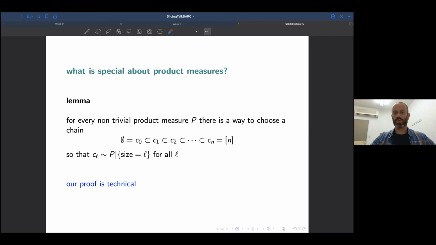And this is true also for the first one and the third one. So there is a way to choose sets of all sizes in a way that they become an antichain, but they still have the correct distribution. Correct meaning like P tells us we need to choose them from.